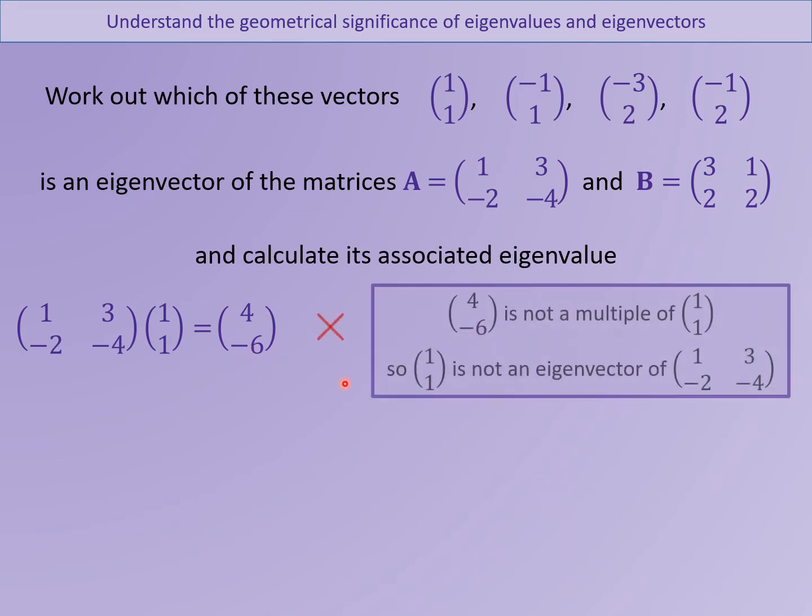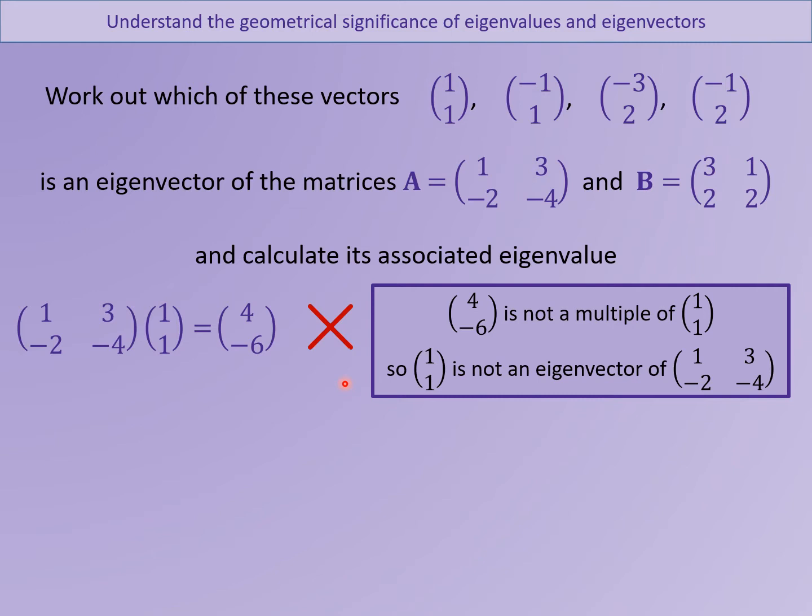So in that case, you can clearly say that because it's not a multiple, (1, 1) is not an eigenvector of the matrix (1, 3; -2, -4). Okay, so if that was the hint you needed, you can pause it, have a go at the other 3, with matrices A and B. What I'll do is I'll run through the answers to that in a second.